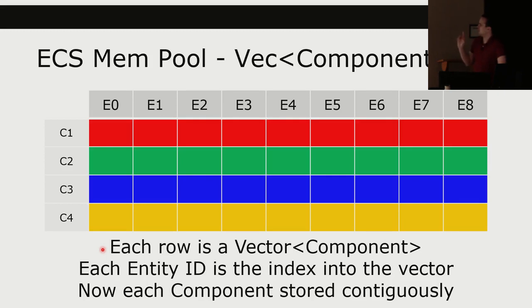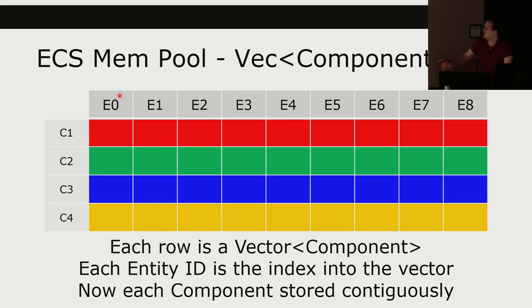So what we had before was one vector going left to right of all of these entities. Now what we have is C1 as a vector of all the component 1s, C2 as a vector of all the component 2s, C3 as a vector of all the component 3s, etc.